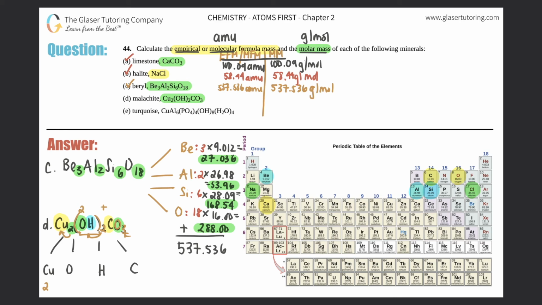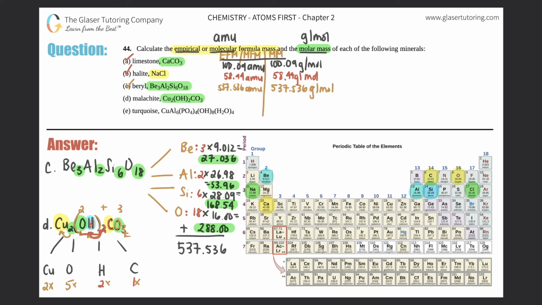So 2 plus 3 is a total of 5 oxygens. Hydrogen, there's 2 of the whole thing that's in here. So there's 2 hydrogens. And then carbon is just by itself, so there's only 1 there. So now we just have to multiply by their weights.